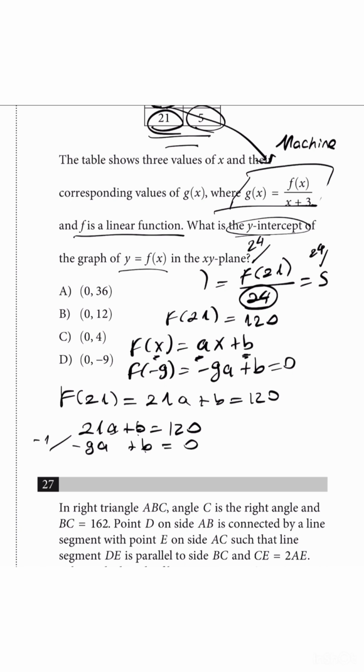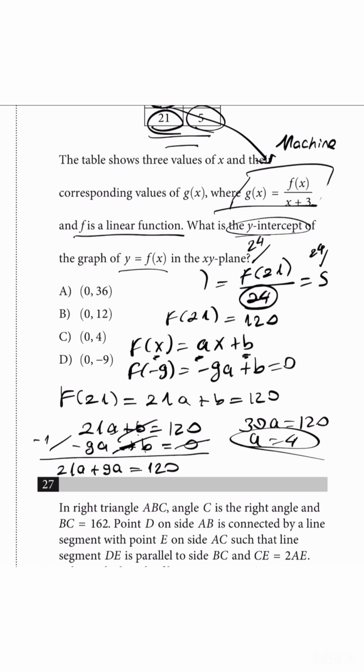So just watch. If you didn't get it, just watch and you're going to understand. What I'm going to get from here is 21a plus 9a equals 120, because this is going to be minus b and these are just going to go, and minus 1 multiplied by 0 is still 0. Okay, so what do I get from that? 30a equals 120, a equals 4. Great.